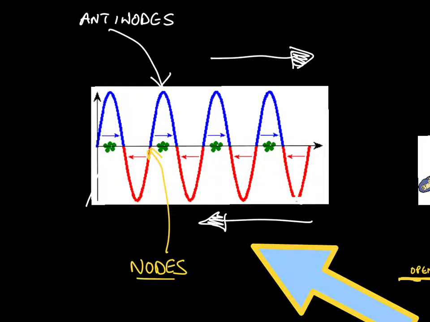So in a standing wave pattern, you get a collection of antinodes and nodes.